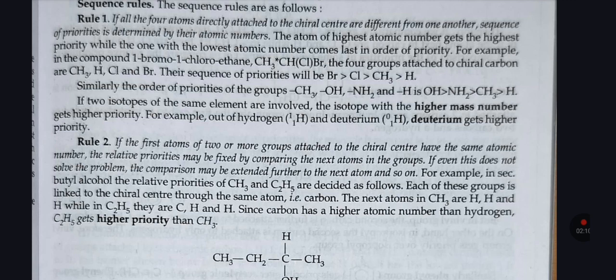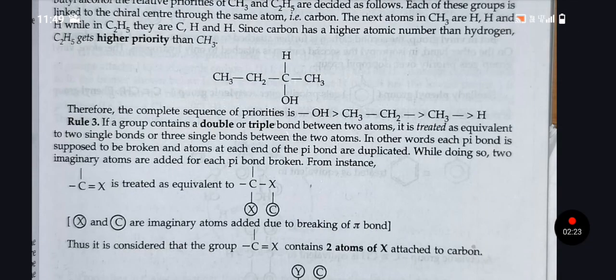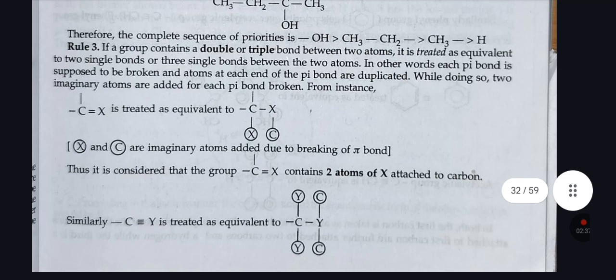The next atoms in CH3 are H, H and H, while in C2H5 they are C, H and H. Carbon has a higher atomic number than hydrogen, so C2H5 gets higher priority than CH3. Therefore, the complete sequence of priority is OH, C2H5, CH3, H.